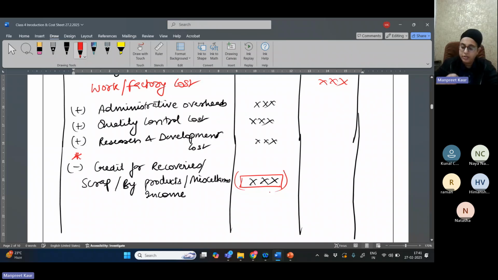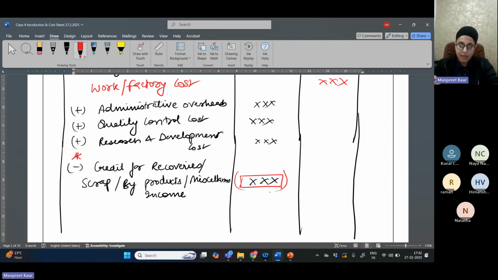That means we minus it. Sometimes people minus scrap from the raw material consumed above prime cost, but the right method which is generally used is to minus the credit from the factory cost before cost of production, because scrap is sold off and recoveries are made, or some incomes from by-products, miscellaneous incomes.